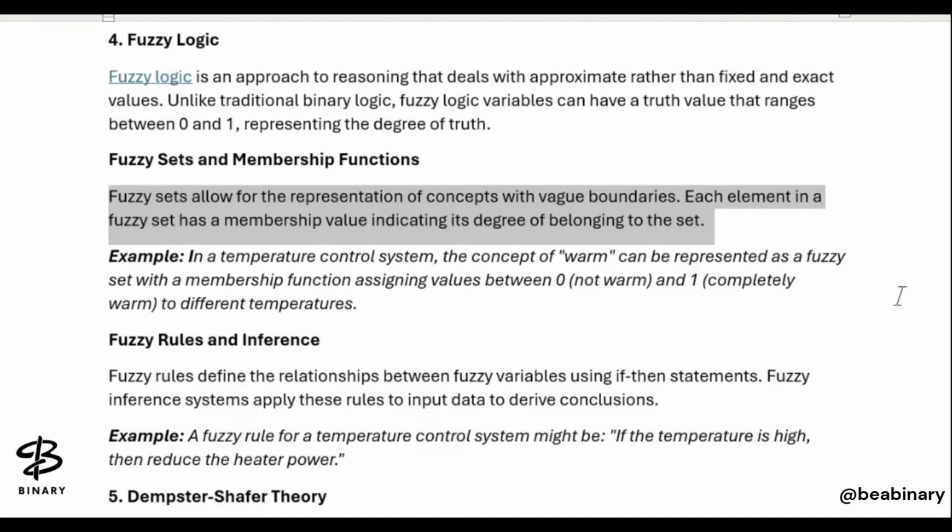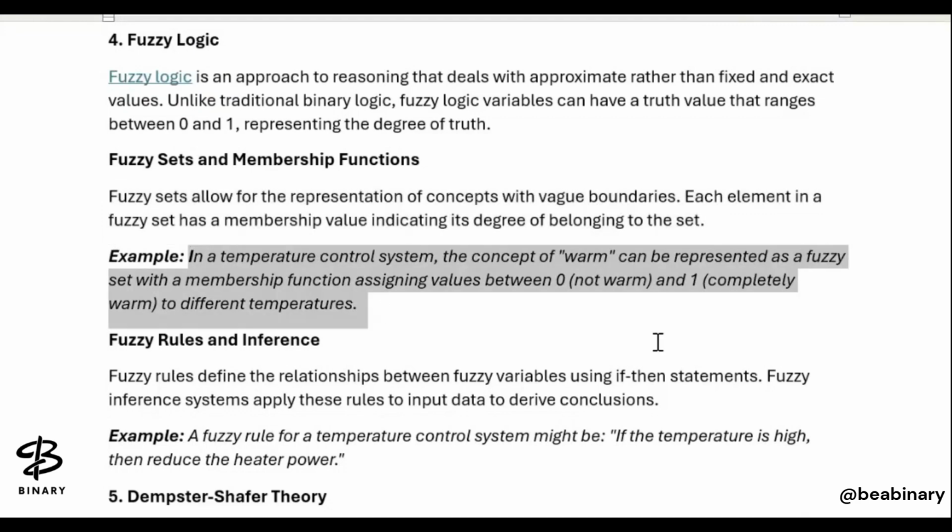Like here we have an example in a temperature control system, which we took yesterday also. The concept of warm can be represented as a fuzzy set with a membership function assigning values between 0, not warm, and 1, completely warm, to different temperatures, right?